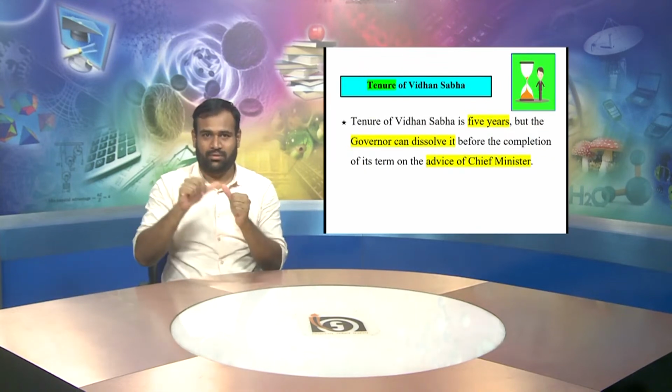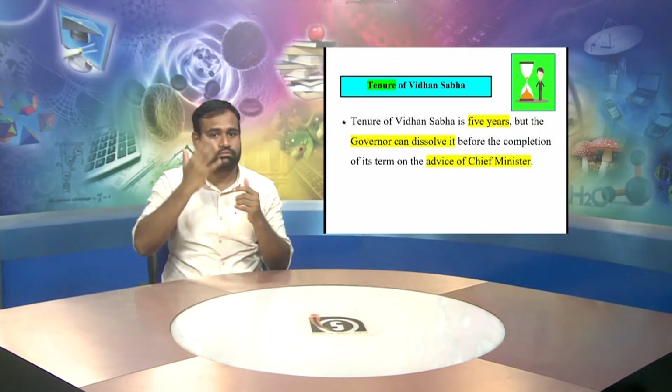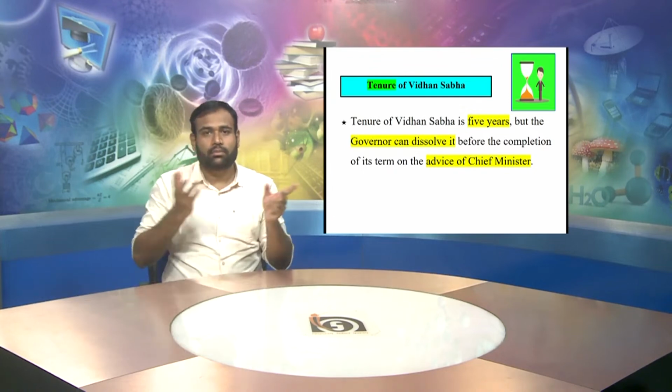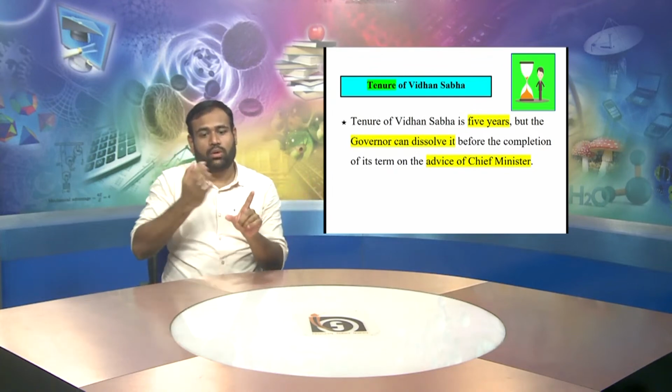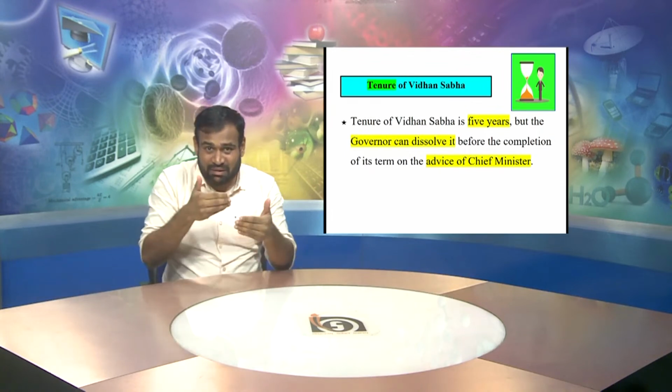Let us now understand the tenure of Vidhan Sabha. The tenure of Vidhan Sabha is 5 years, but the governor can dissolve it before the completion of its term on the advice of the Chief Minister.